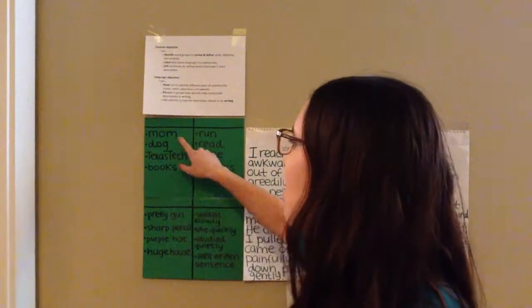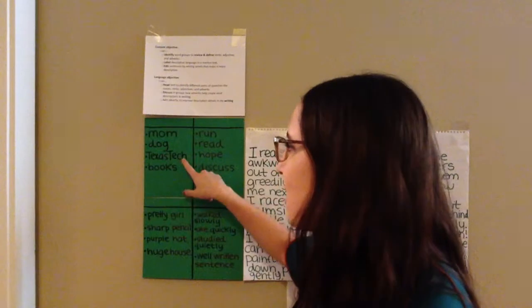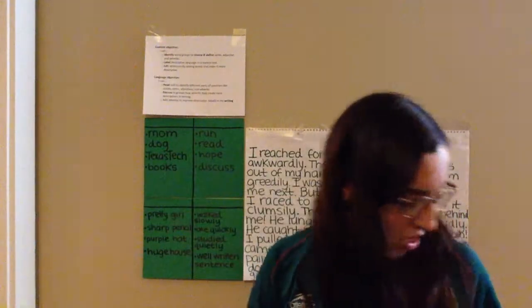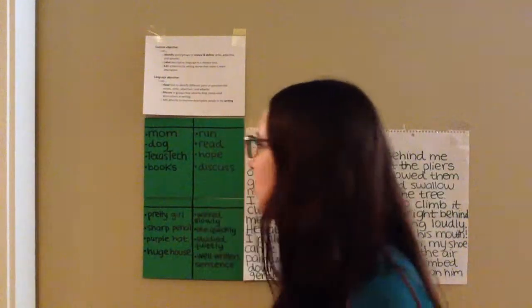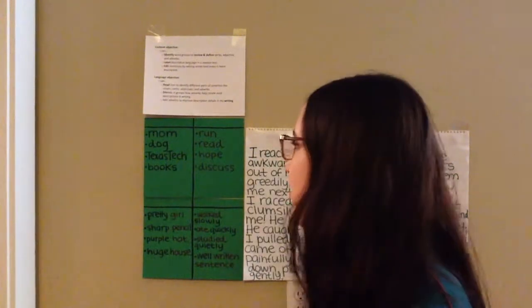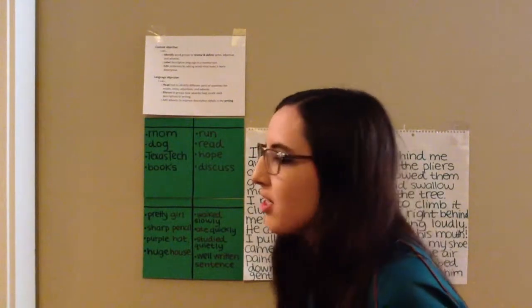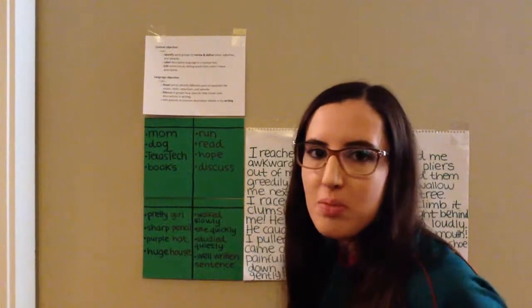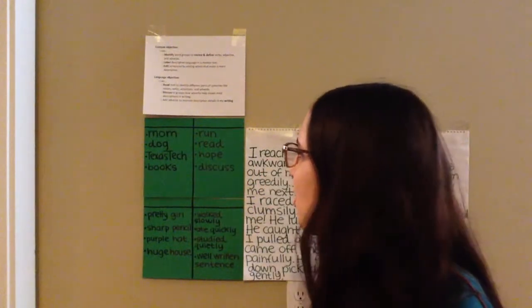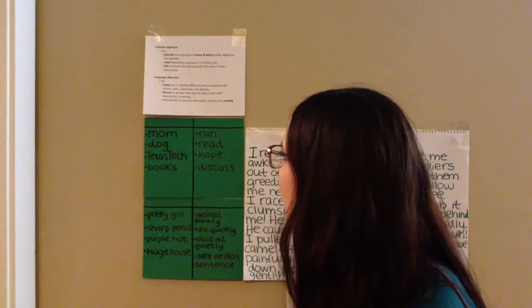The first table has 4 words. They are mom, dog, Texas Tech, and books. So I want you to look at those 4 words and talk to your partner and tell them, what do you notice about these words? What do they have in common? Keep in mind that we're talking about parts of speech. Talk to your partner. Okay, good.